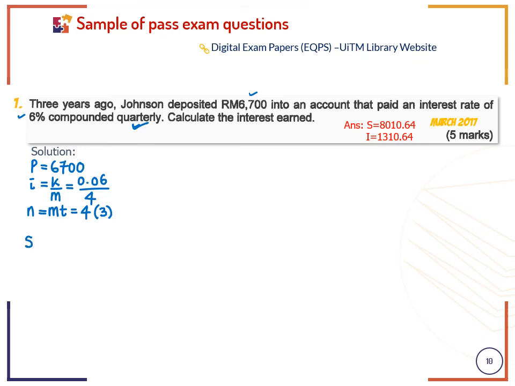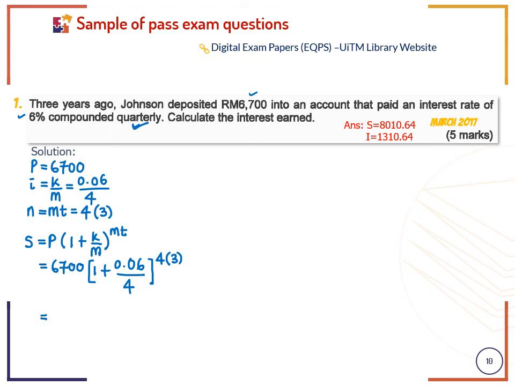So from the formula of S equal to P (1 plus K over M) power of MT, replace the value of P with 6,700, K with 0.06, M with 4, and then power of 4 times 3.